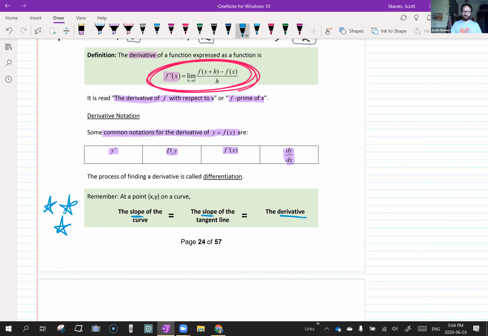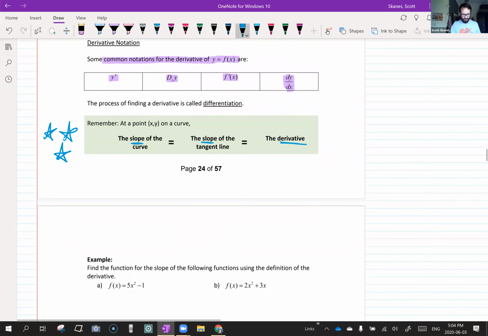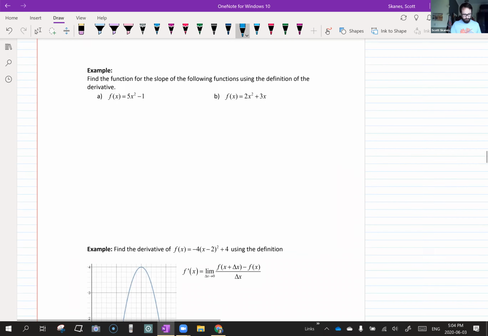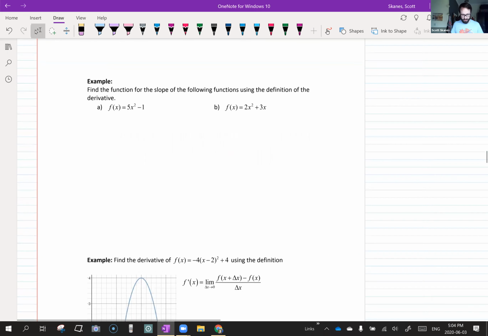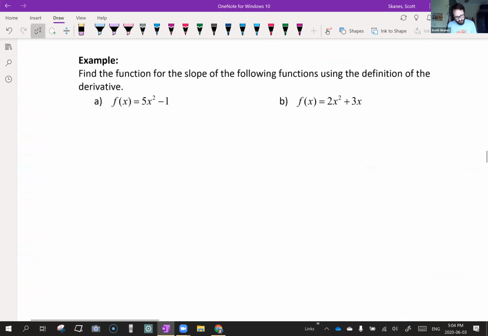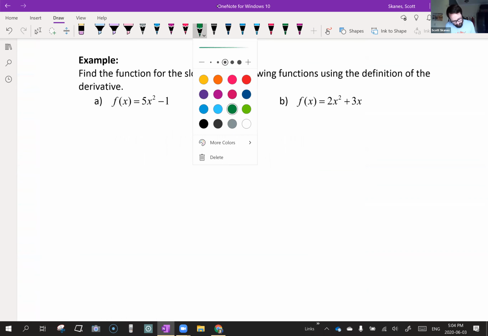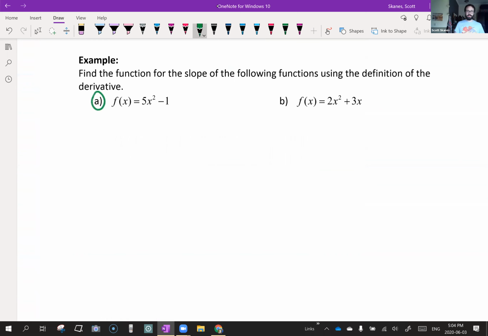Let me do an example, because you're just going to fall asleep if I keep talking at you like this. You can watch the video if you missed some of that. I want to do just this first one, just so you can feel confident. I need a deep breath now. Let's get through this. Find the function for the slope of the following functions using the definition of the derivative.